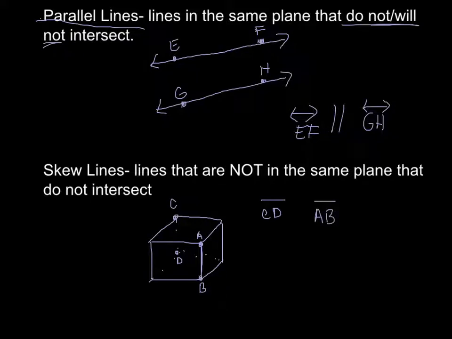Segment CD and segment AB are skew. Okay, so you can see they're not on the same flat surface.